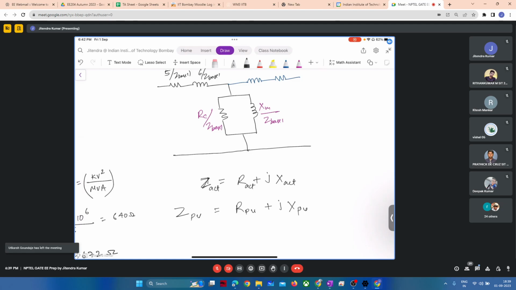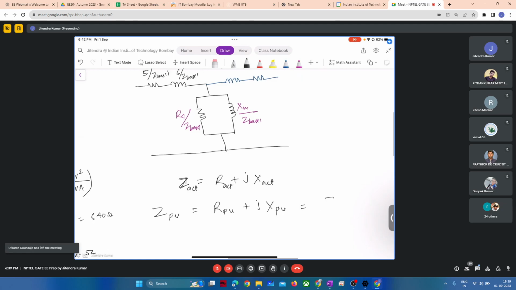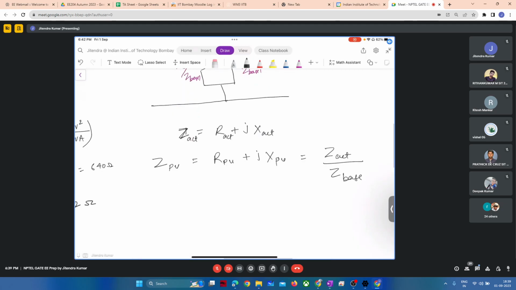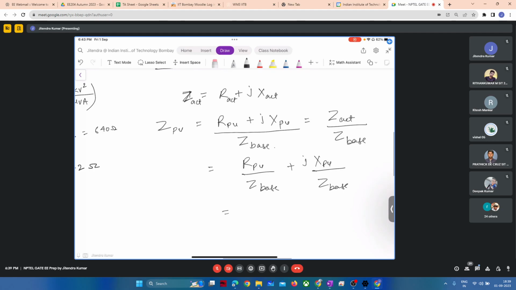And Z per unit, you know, is Z actual divided by Z base. So now you have to divide it with Z base. It will come out to be R divided by Z base plus jX divided by Z base.